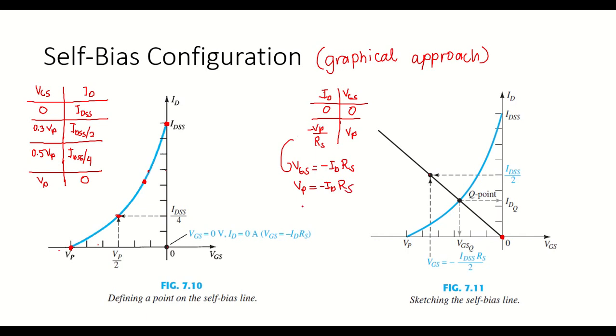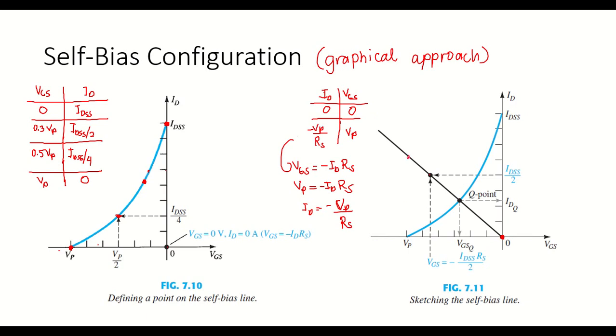our ID will be equal to negative of VP all over RS. So somewhere when our VGS is VP, somewhere here.